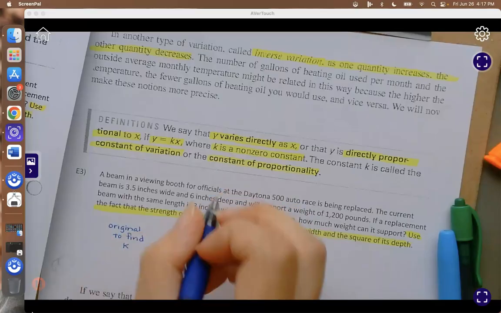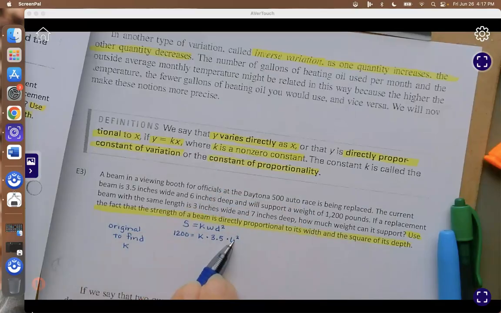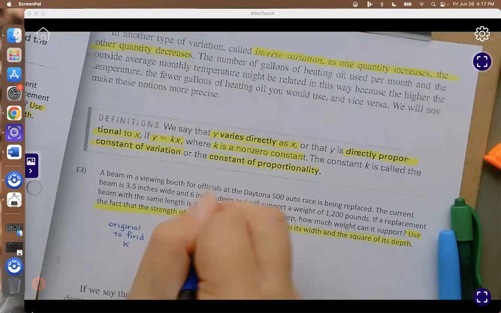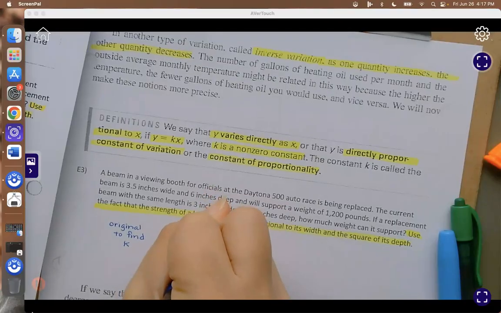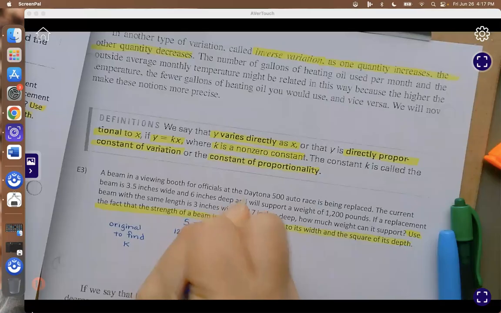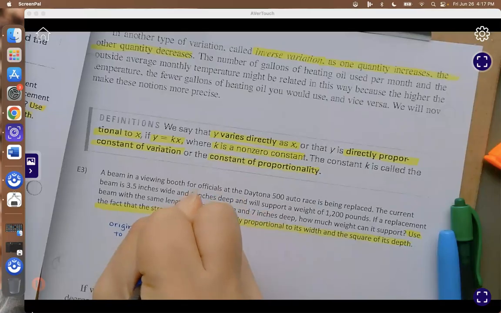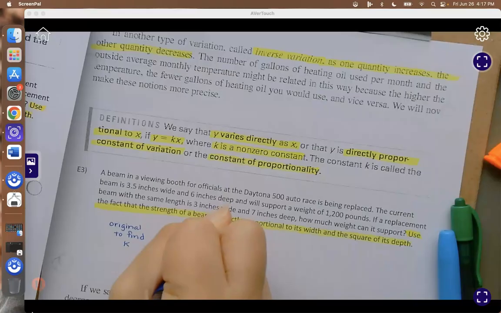So if I do 6 squared, that's 36. 36 times 3.5 is 126. So we have 126K. Remember, we divide this over, and that's going to be 9.52. That's our constant.